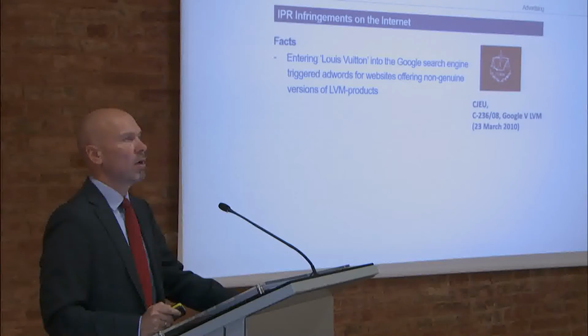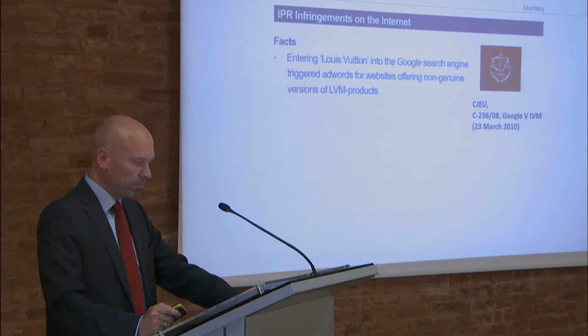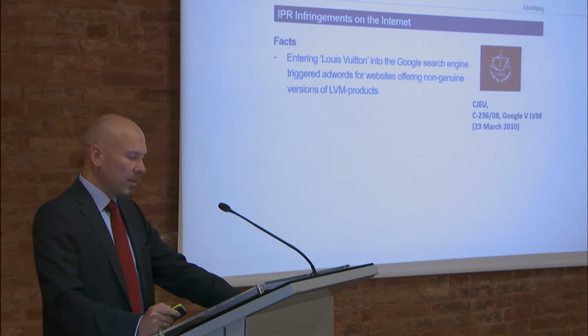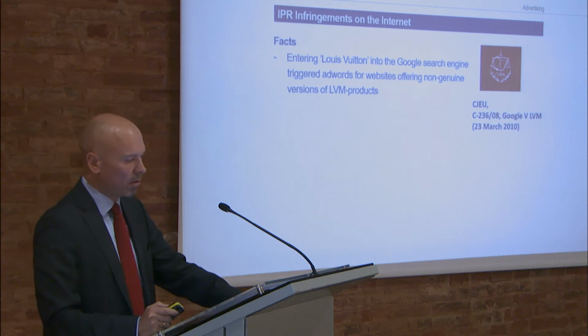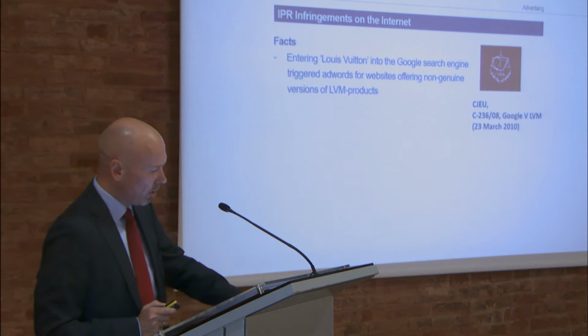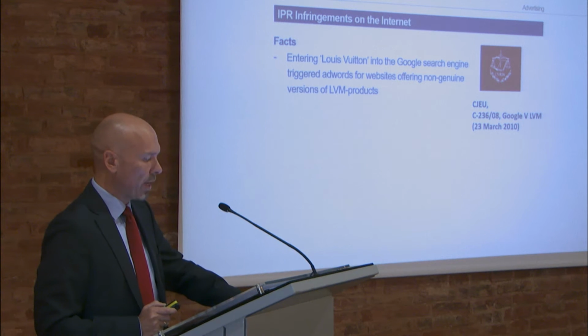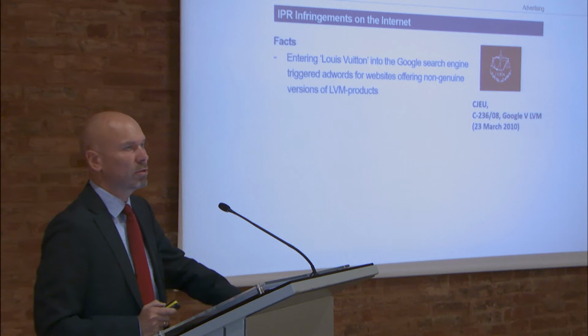That has come up in a number of very interesting cases, some of the most important cases concerning trademarks on the internet. The first one was the Google case concerning Google versus the Louis Vuitton company. What basically were the facts of the case: by entering Louis Vuitton into the search engine of Google, it triggered AdWords for web pages offering non-genuine versions of Louis Vuitton products.